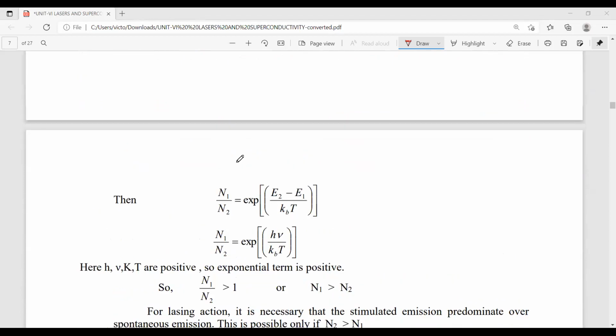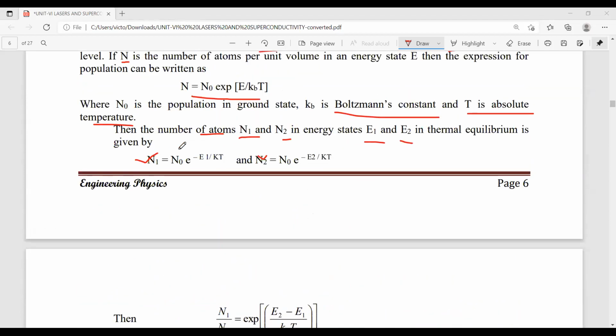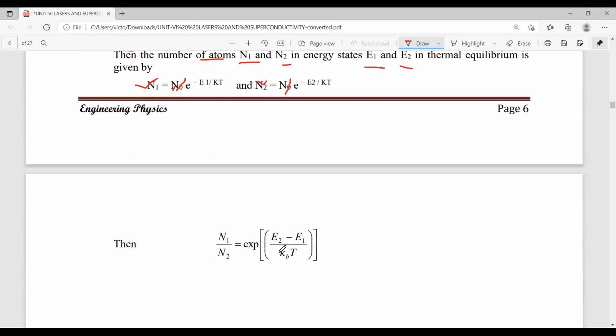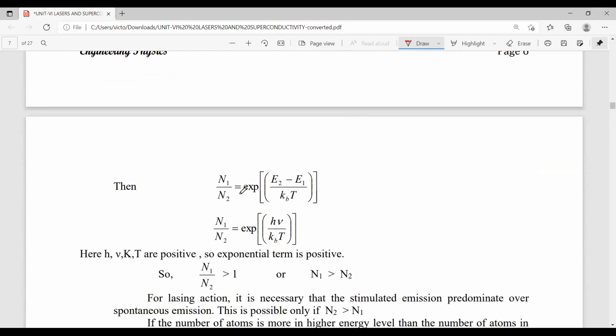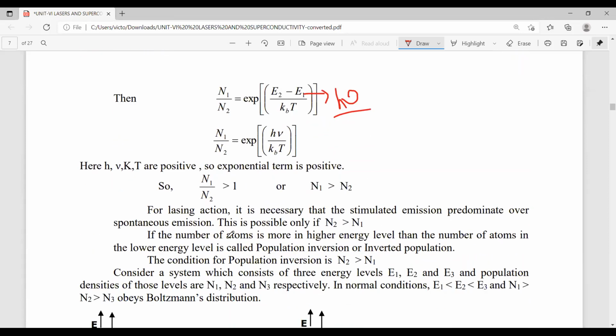Taking the ratio N1 by N2, N naught and N naught are cancelled, and e power minus E2 moves from numerator to denominator. So N1 by N2 equals exponential of E2 minus E1 by kBT, where E2 minus E1 is h nu. That means the energy difference between any two energy levels is equal to h nu. So N1 by N2 is equal to exponential of h nu by kBT.